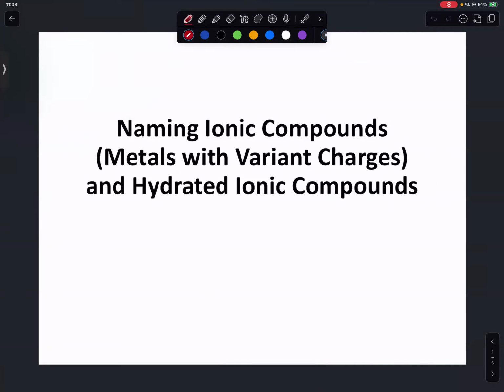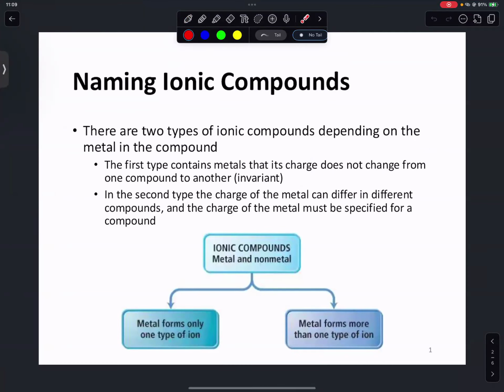In this video, we will be discussing how to name ionic compounds that contain metals with variant charges, and hydrated ionic compounds. Previously, we put ionic compounds into two major categories, and the previous video discussed metal ions containing one type of ion that has a fixed charge.